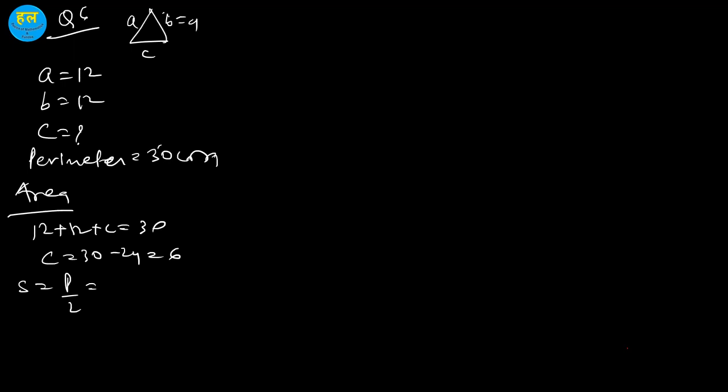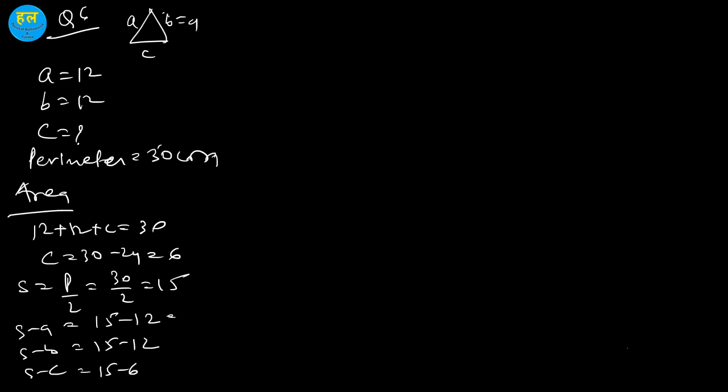That means 30 by 2 is equal to 15. Then we have to find S minus A, S minus B, S minus C. S minus A is 15 minus 12, 15 minus 12, 15 minus 6: 3, 3, 9.